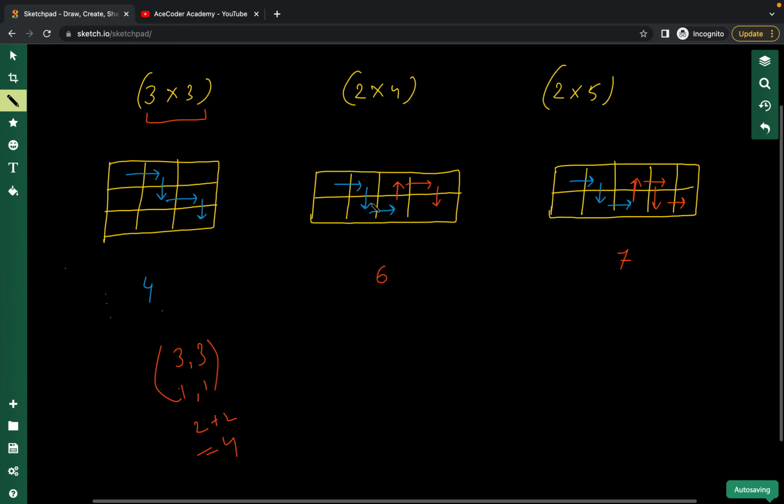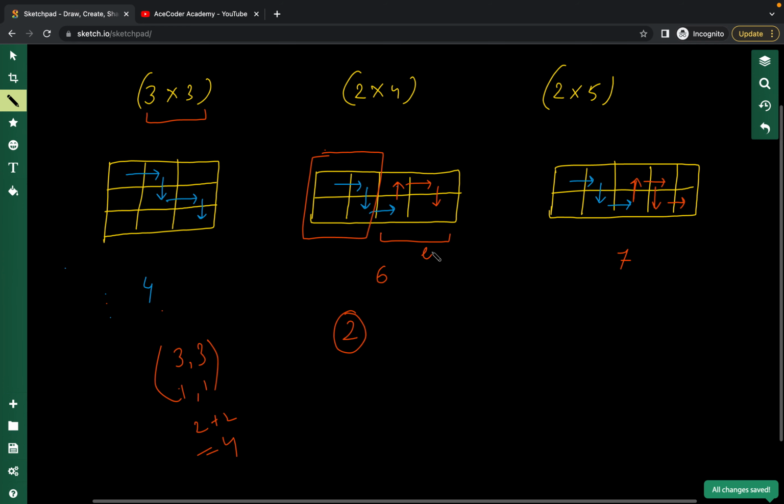But in the other case, what we will do is first consider a 2 cross 2 matrix, and then take out the total steps required to reach from 1 comma 1 to 2 cross 2, which is 1 plus 1, so 2 steps. After that, what we observe is that this part is 2, which is basically even.